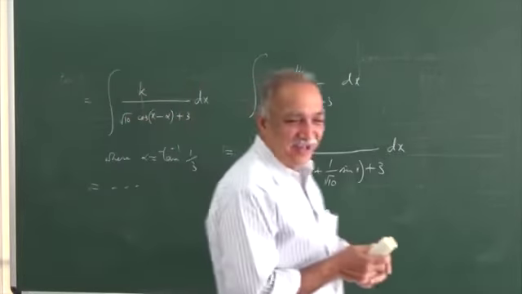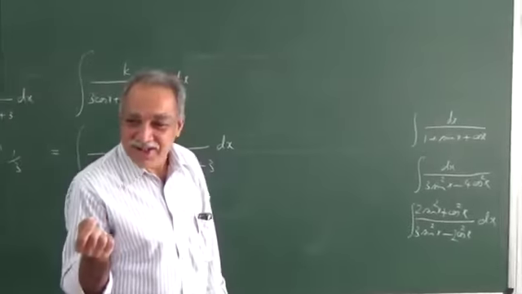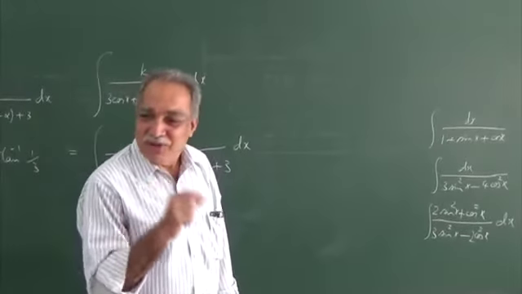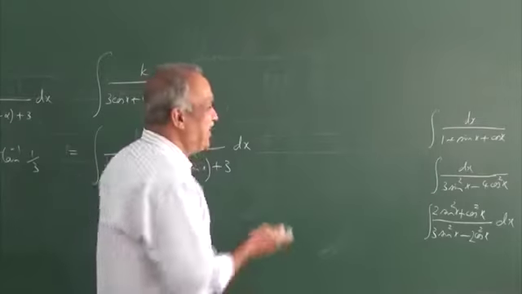Multiply numerator and denominator by either 1 plus sin x minus cos x or 1 plus cos x minus sin x, any one of the two. Let us try what happens.